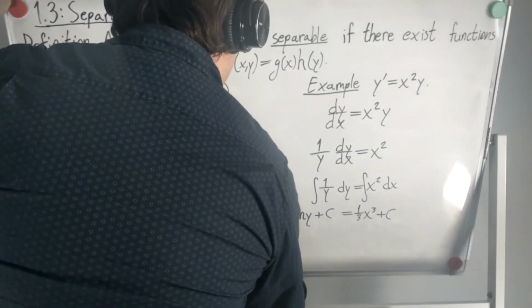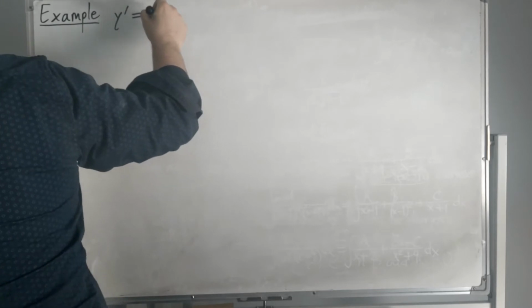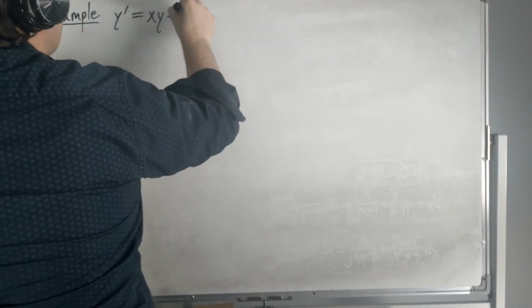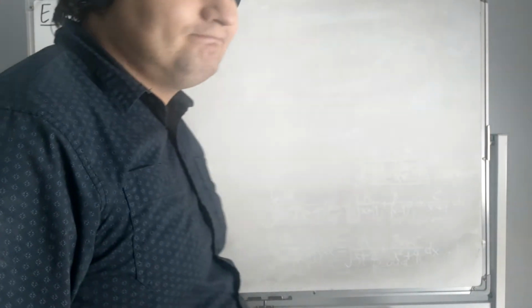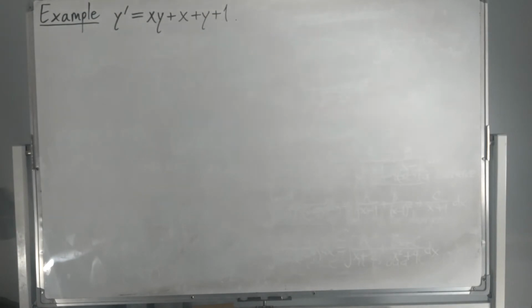Okay. Let's look at another example, because sometimes equations could be separable without appearing to be separable. Suppose you have y prime equals xy plus x plus y plus 1. Is that equation separable?